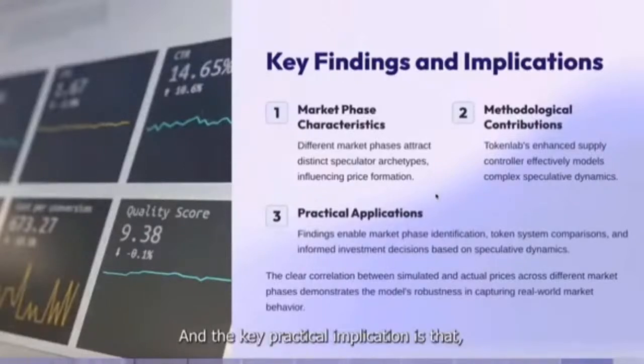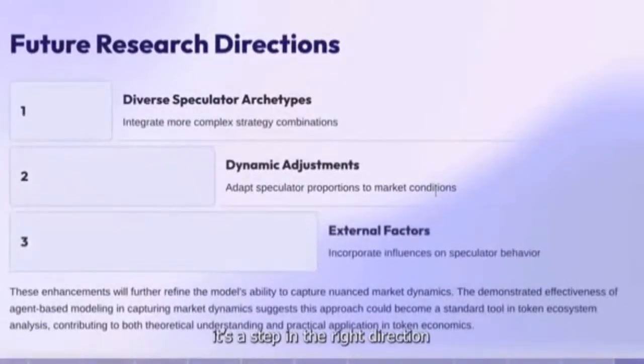The key practical application is that, the end result of this research, we now have at our disposal a better understanding of valuations as well as how to improve valuations of existing projects during a bull run and a bear market. Obviously, the real dynamics around token projects and tokenomics are very complicated, and this study only captures part of the whole picture, but I still believe it's a step in the right direction in terms of establishing tokenomics as a serious field of study.